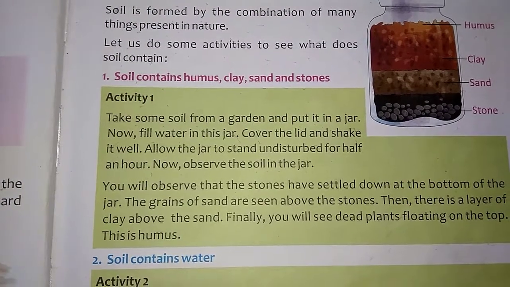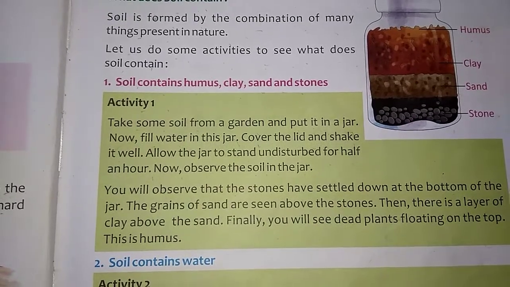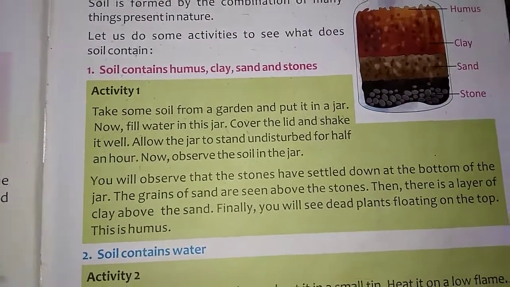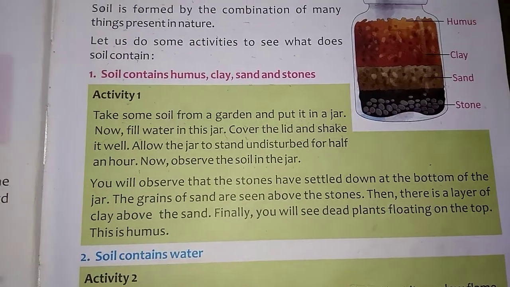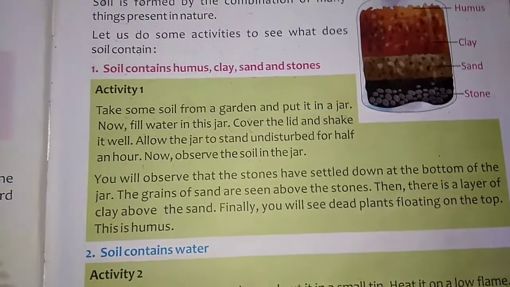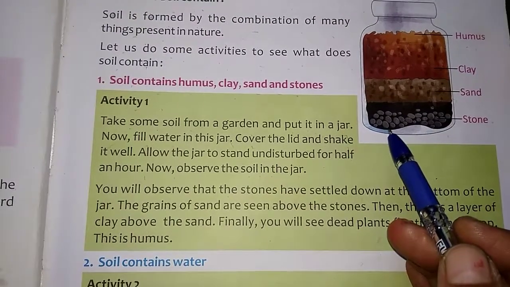Now observe the soil in the jar. You will observe that stones have settled down at the bottom of the jar. You can do this activity, children. It is very easy.